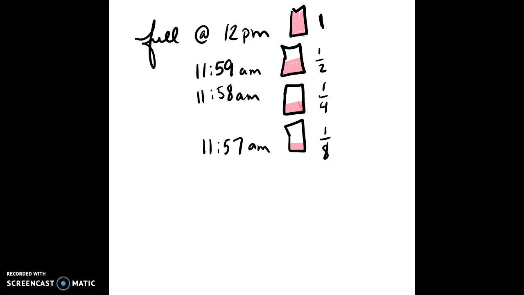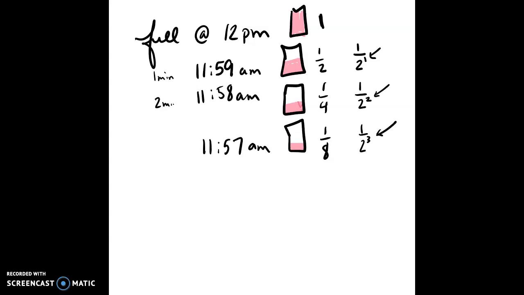The pattern that I see is 1 over 2 to the exponent. 1 over 2 squared, 1 over 2 cubed. And so what does this exponent represent? Think about it, this is 1 minute prior to noon.